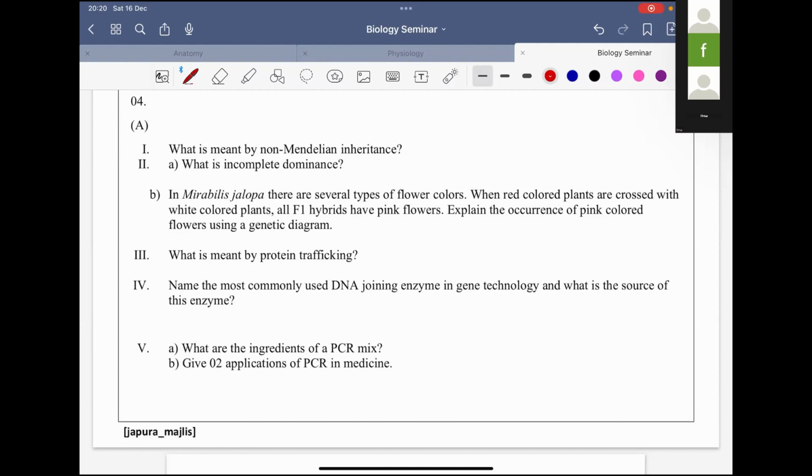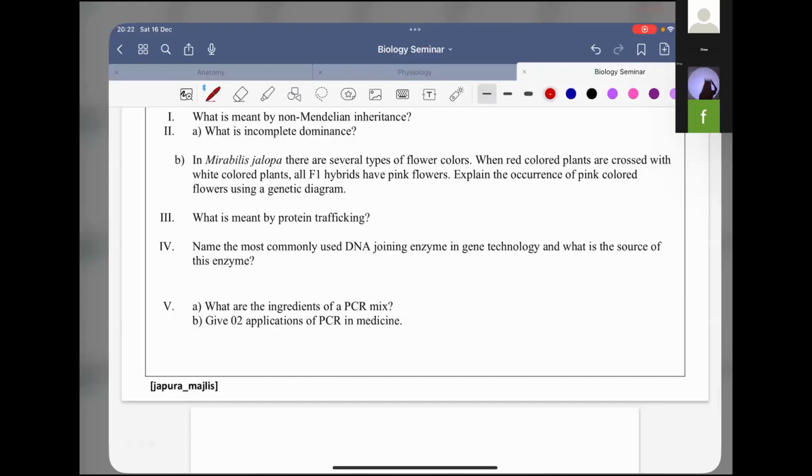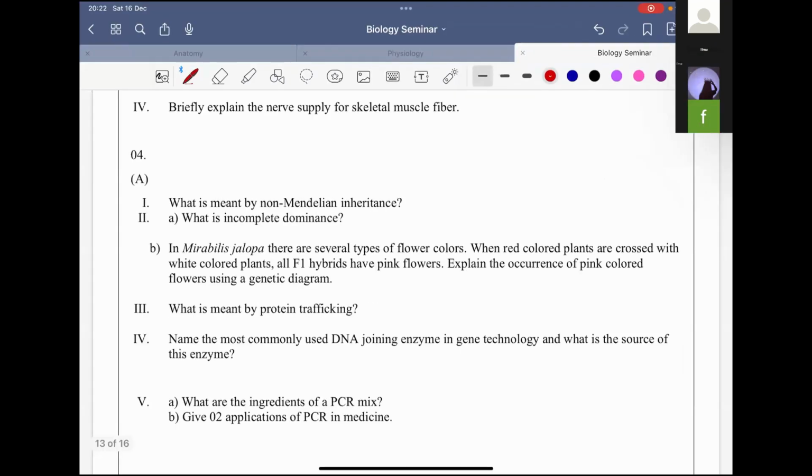If I wait, the time will be going. So the examples of non-Mendelian patterns are incomplete dominance as well as co-dominance. There is also complete dominance that we will see. You should be able to know all of them.